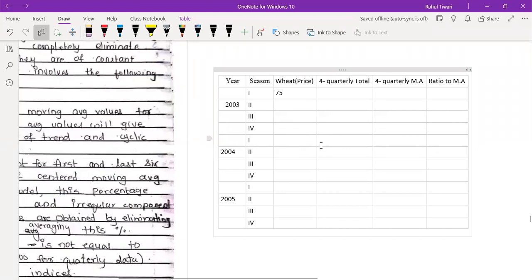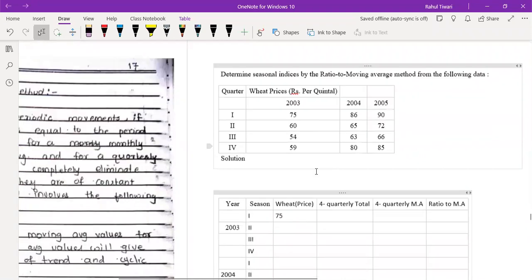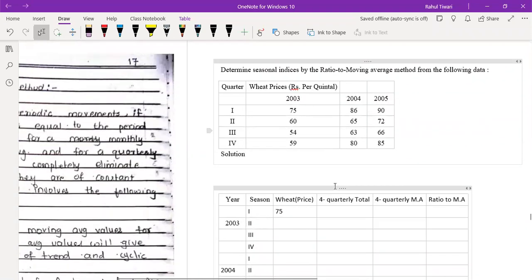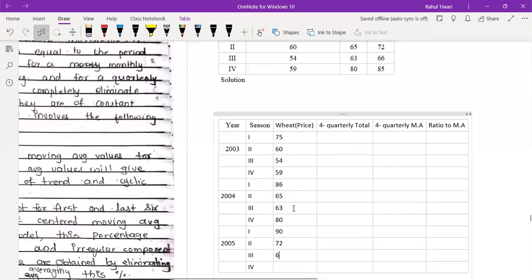You have the data with you, you can just look at it and copy as it is. So 75, 60, 54, 59. The next one 86, 65, 63, 80, 90, 72, 66, 85.